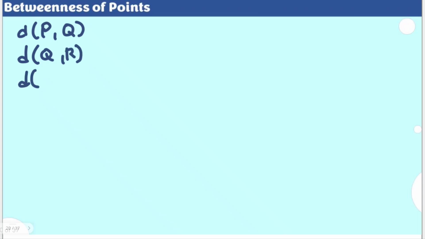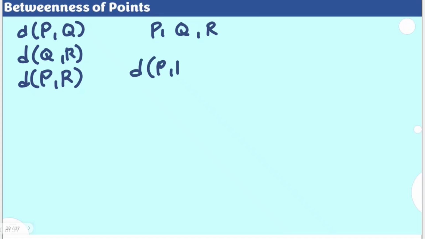What we just need to do is to make sure that, say for example, we have a certain distance of P and Q, and here also Q and R, and possibly you will have here P and R. We have 3 points here, P, Q, and R, one of which is between the other if we could establish that the distance between P and R is equal to the sum of the distance between P and Q and the distance between Q and R.